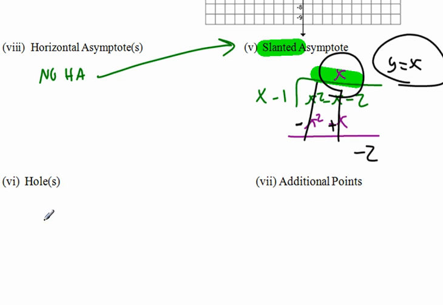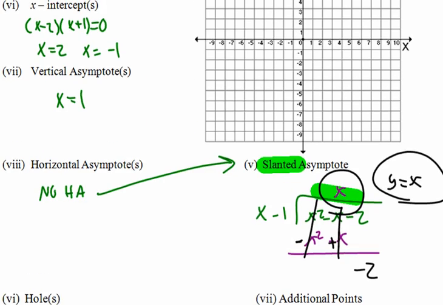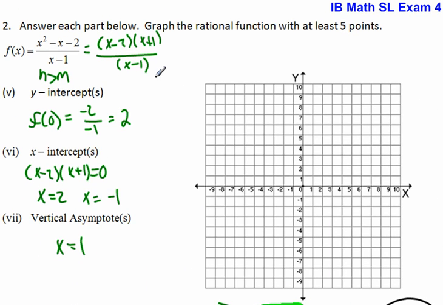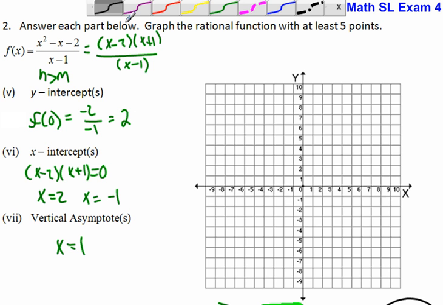Since we did not cross out or eliminate any factors on the numerator and denominator, we're going to say that there are no holes. So let's go ahead and graph everything that we know, and then we'll go on from there. We have a y-intercept of 2, so I'll put a dot right there.